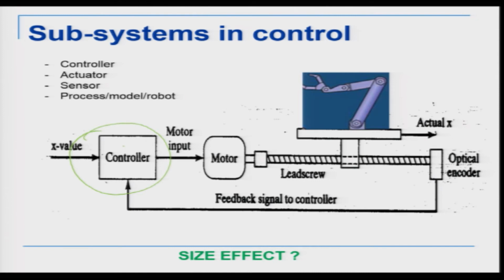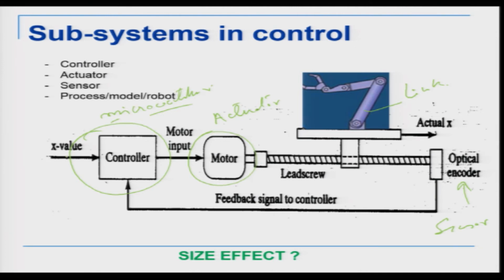This can be a microcontroller or a microprocessor. Then we have an actuator, which is going to actuate the system, which is going to move the system. Then we have the link, which is actually moving, and this is my feedback sensor which is giving the position feedback. So, how does this work?